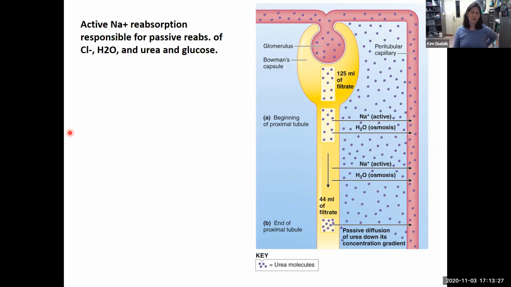As water is reabsorbed, urea becomes more concentrated in the tubule, and that sets up a concentration gradient with the capillaries. So about 50% of it gets reabsorbed, and we can handle that. It's not very toxic. So we convert the nitrogenous waste into a less toxic form. Sometimes it actually helps with osmolarity of the blood. But mainly if you can tell me about the reabsorption of sodium and water and glucose, you're good to go.